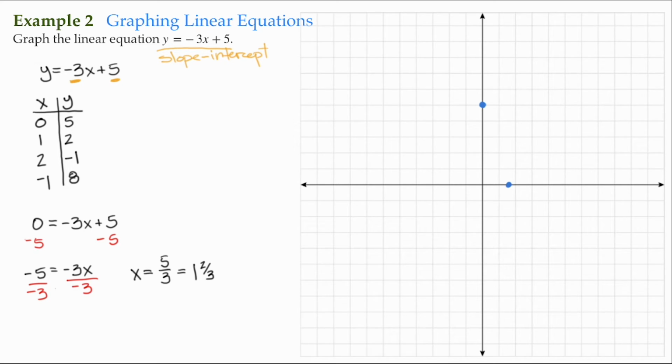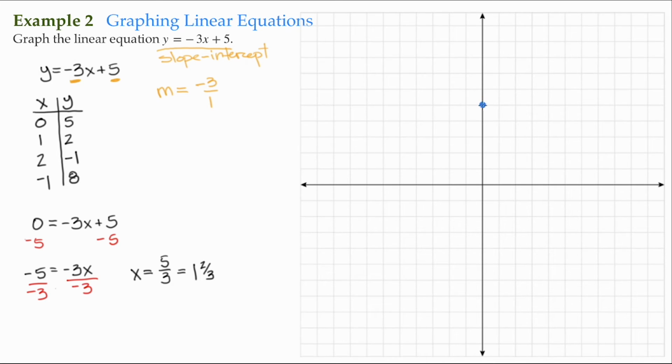So if we get rid of that 1 point, I already have this point here. I only need one other point. So I'm going to count off the slope here of negative 3. Now don't forget, our slope is our rise over the run. So negative 3 over 1. So our run will be 1.